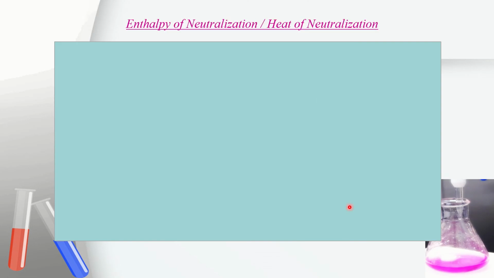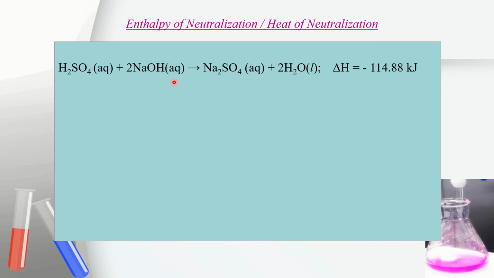Now, some more examples of enthalpy of neutralization. Look, this is also a neutralization reaction, the reaction between sulfuric acid and sodium hydroxide. In this reaction, after balancing, 2 mole water is produced and del H equals minus 114.88 kilojoule.